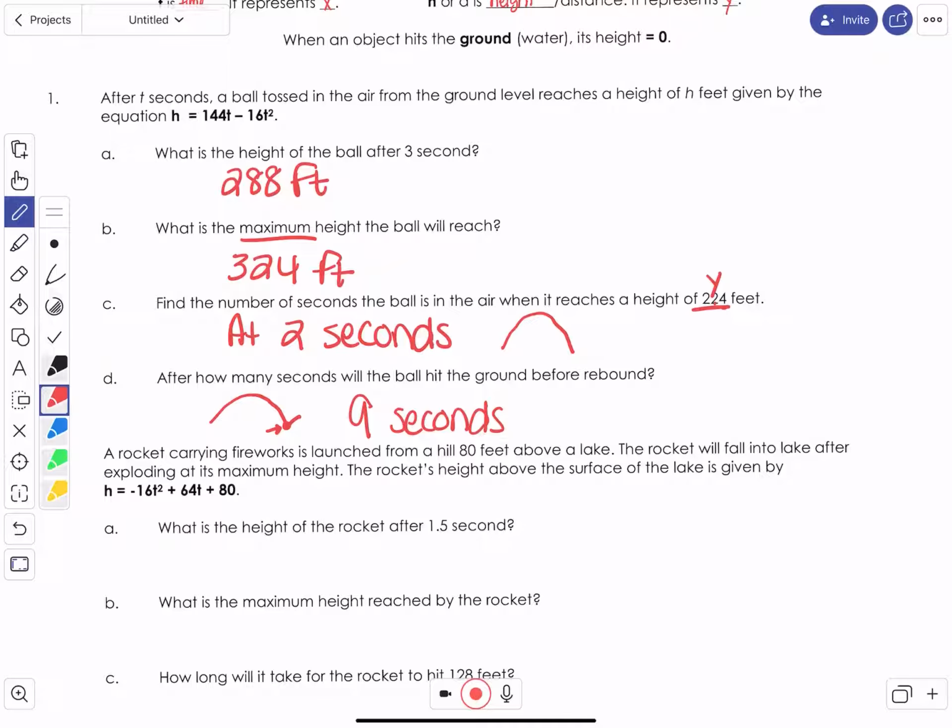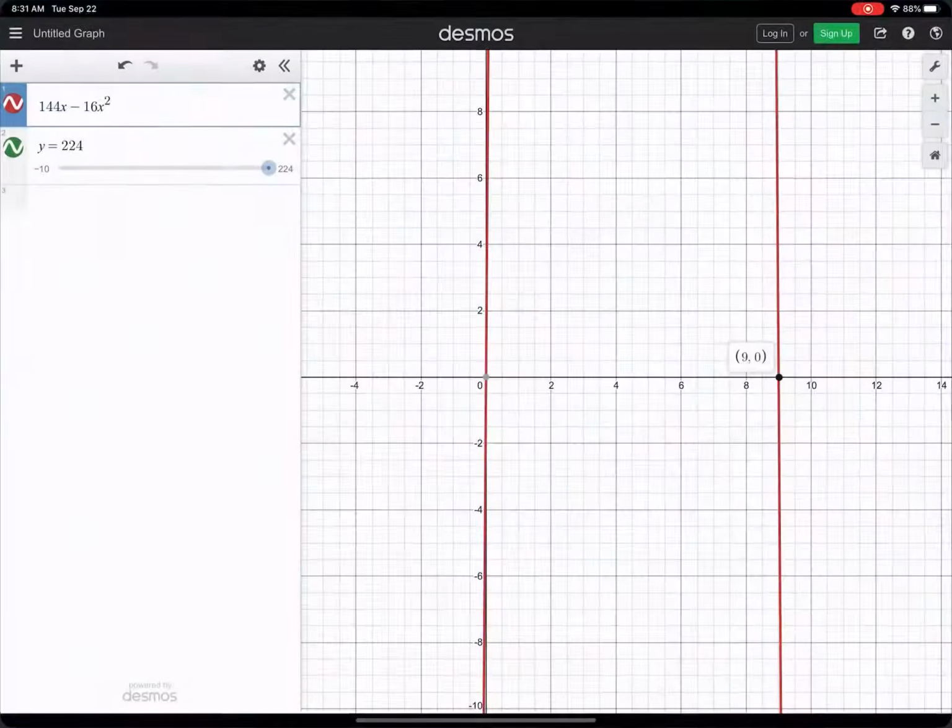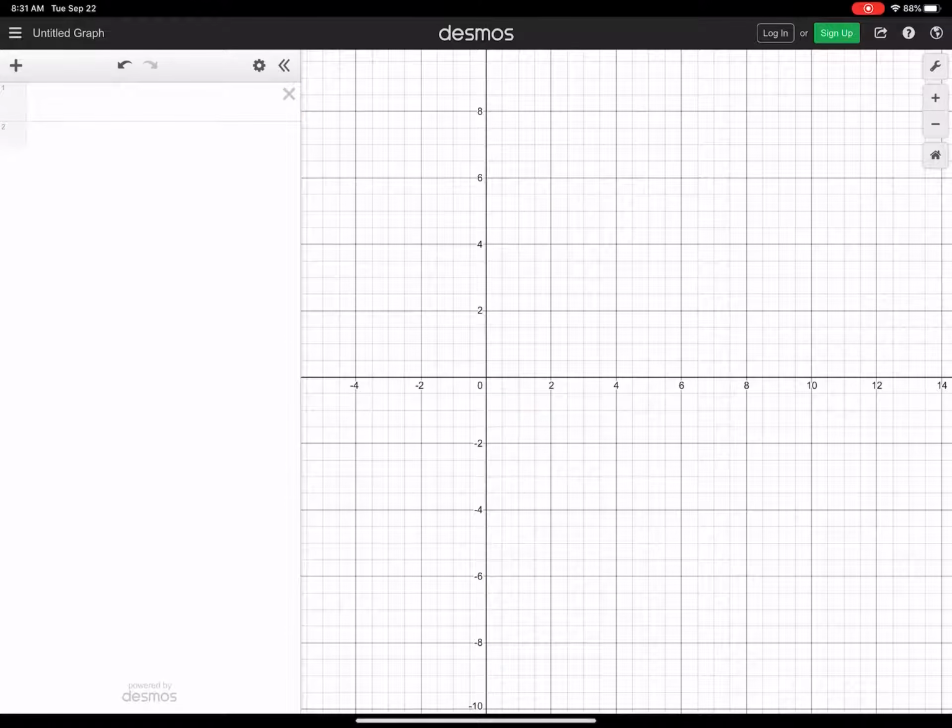Okay, so for our next equation, let's enter our next equation on the graph. A rocket carrying fireworks is launched from a hill 80 feet above a lake. The rocket will fall into a lake after exploding at its maximum height. The rocket's height above the surface of the lake is given by negative 16t squared plus 64t plus 80.